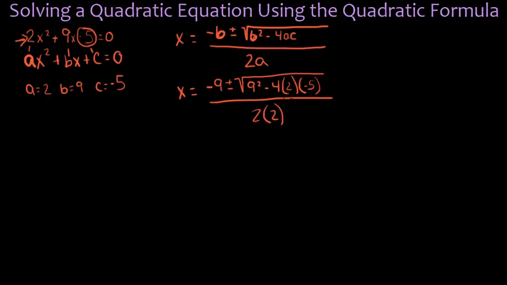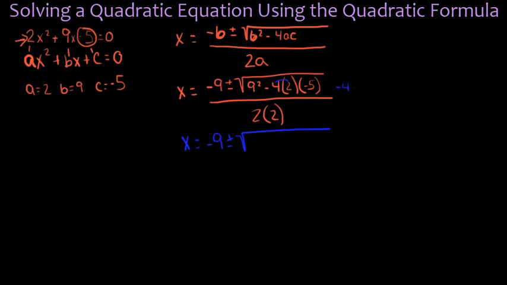So we start with our parentheses. We'll say x is equal to negative 9 plus or minus the square root. Right here, before we start, we want to say negative 4 times 2 is negative 8.